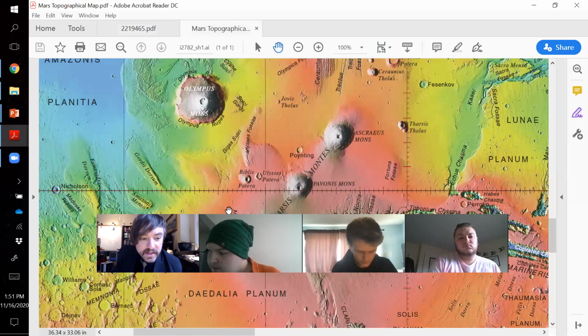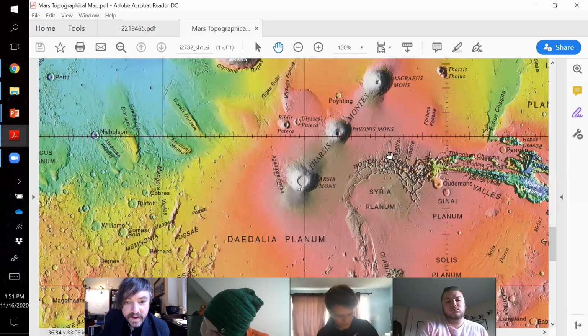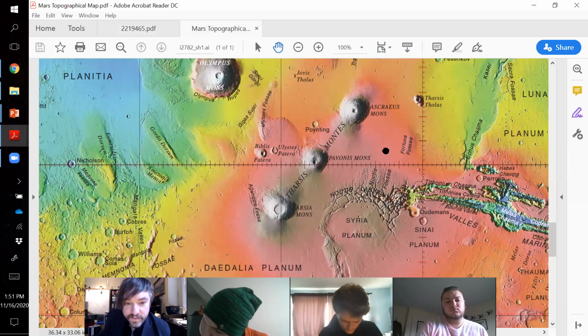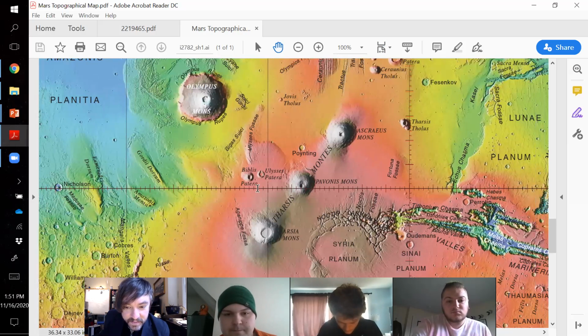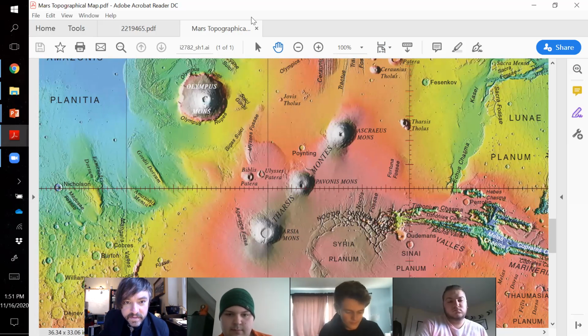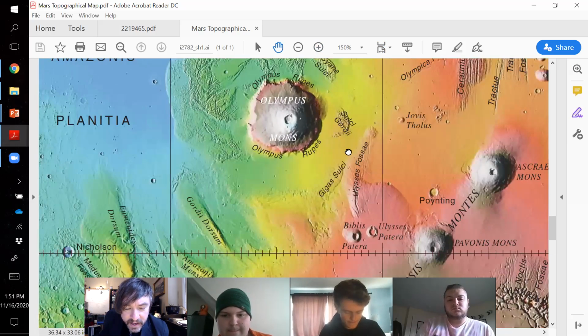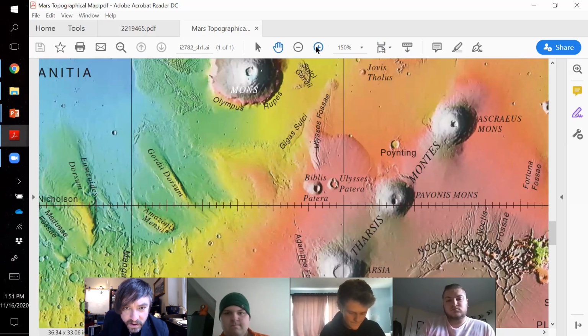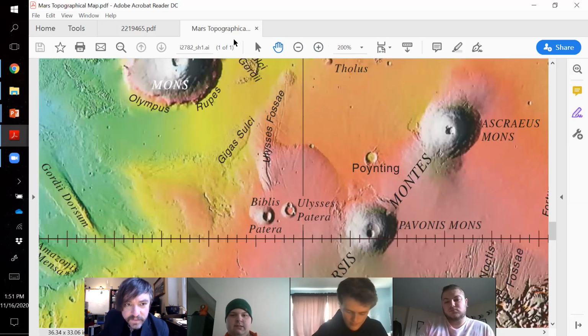Now, the first time I looked at this, I got confused because I said, well, the plains around the volcanoes are relatively crater-free, and the volcanoes are relatively crater-free. So no craters here, no craters there. How am I supposed to compare the volcano to the surrounding plains? And then I realized the volcanoes and the plains aren't quite as crater-free as I originally noticed. As you zoom in, you see a few more.